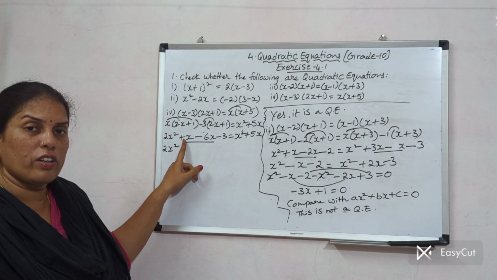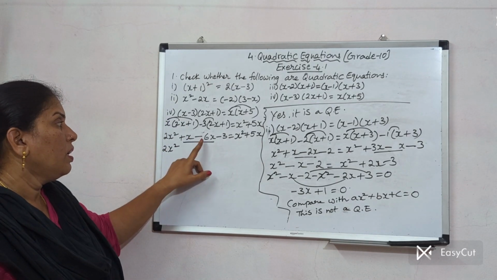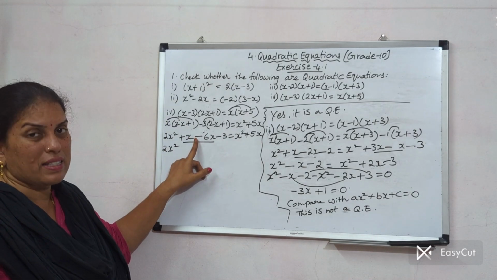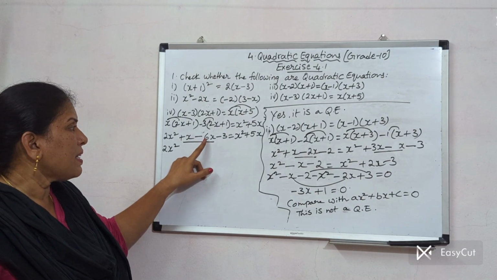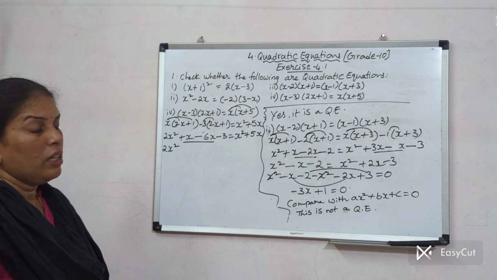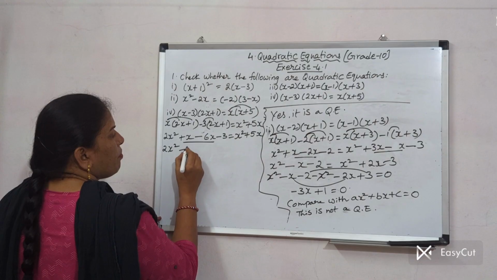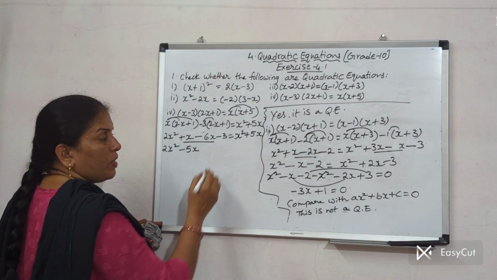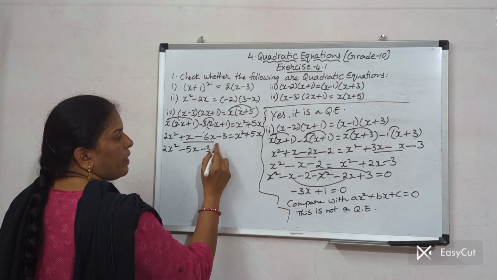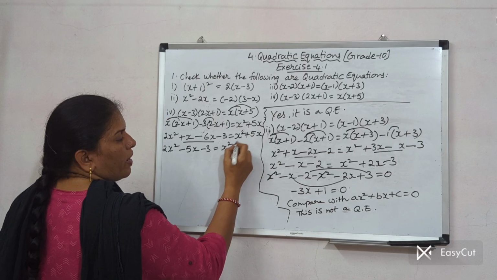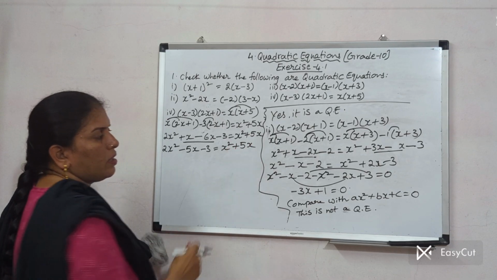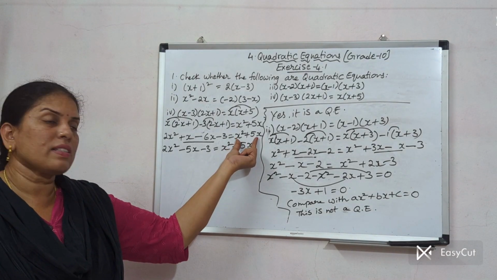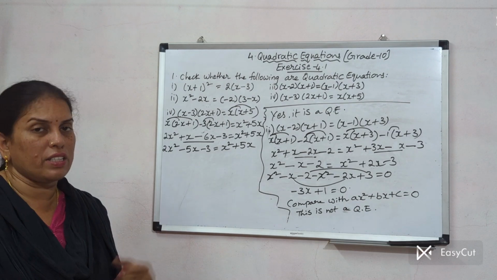Here, what is the coefficient of x? 1 will be the coefficient. Here, what is the coefficient? Minus 6. That means 6 minus 1 is 5. The bigger number has minus. Minus 5x minus 3 equal to x square plus 5x. See here, nothing is there to simplify, that's why I am writing it as it is.